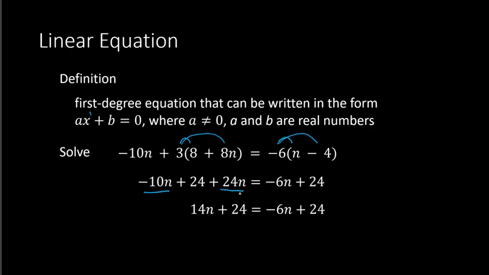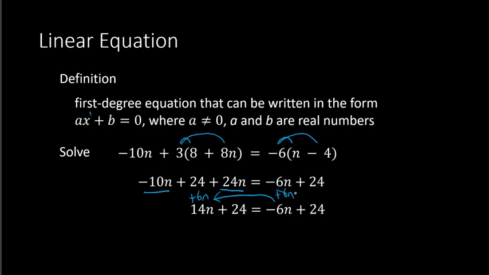We can do either, but we'll probably want to bring the -6n to the left side to keep everything positive. To move that over, we do the opposite of what we see. We see a -6n, so the opposite of minus would be add. So we're going to add 6n to both sides.